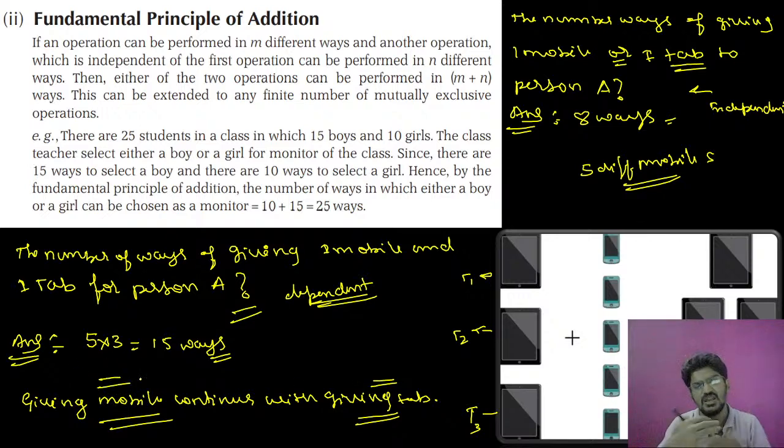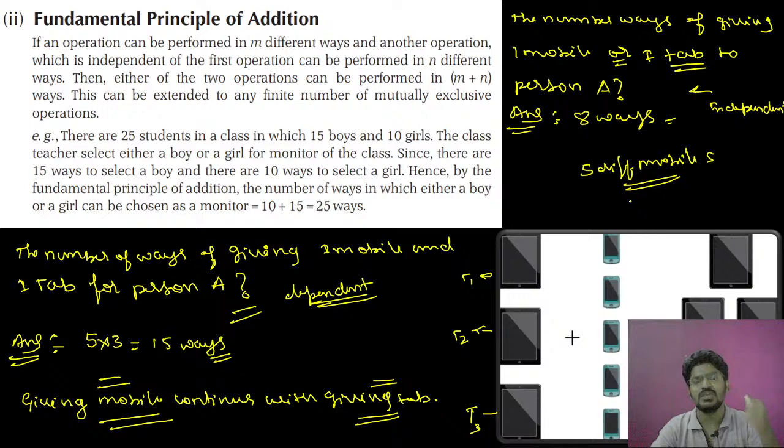Both the events are dependent events, but here giving mobile and giving tab are independent events. So you have to think according to the problem, and you have to choose the fundamental principle of addition or the fundamental principle of multiplication.